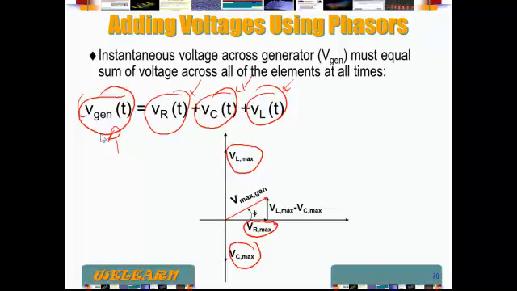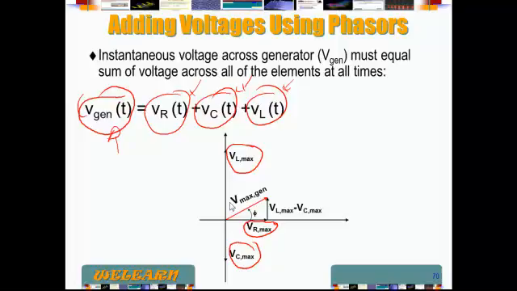Now, in general, can we use that to figure out Vmax across the generator, for example? Can we use that to figure out if the generator is ahead or lags behind the current? Obviously, yes. So how do we do that? We examine our diagram and we note that VL max and VC max are in opposite directions.